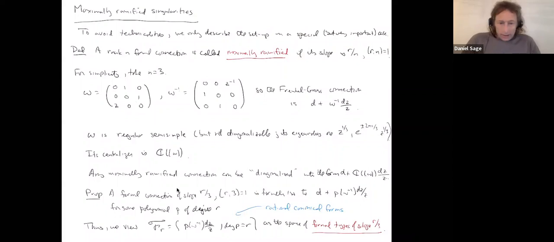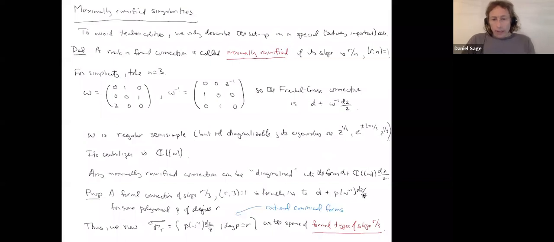And in fact, you can say more. A formal connection of slope r over 3 with r not divisible by 3 is formally isomorphic to d plus a polynomial of degree r in omega to the minus 1 times dz over z.